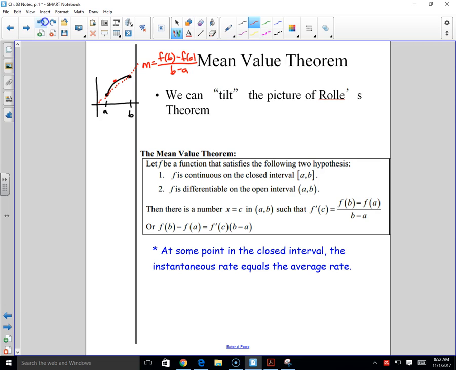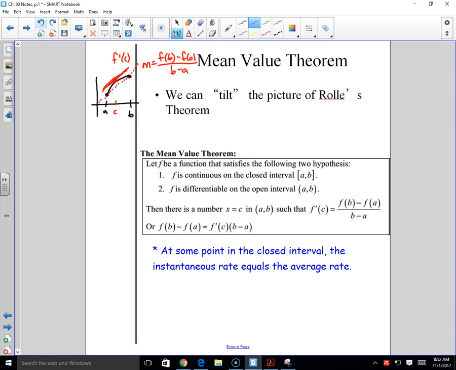Even though I'm not guaranteed a flat one, I am guaranteed a parallel one.